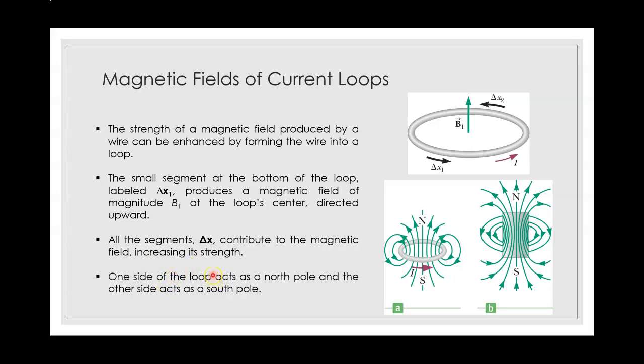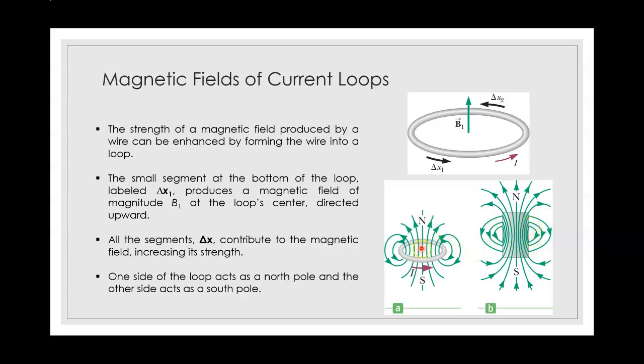Notice that the magnetic field lines enter the bottom of the current loop and exit at the top. Coba kamu tengok di sini. Compare this figure below, which shows the field of a bar magnet.